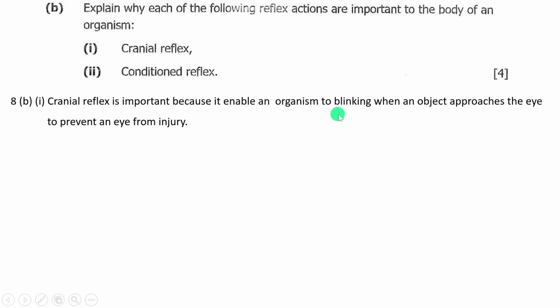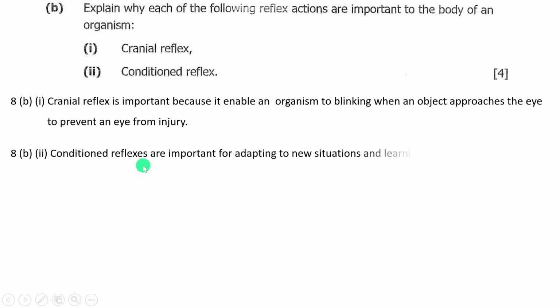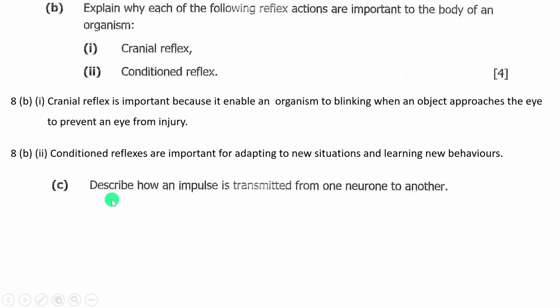Okay, so here it should be to blink when an object approaches the eye to prevent an eye from injury. Yeah. Then we come to B here. We are saying conditioned reflex are important for adapting to new situations and learning new behaviors.